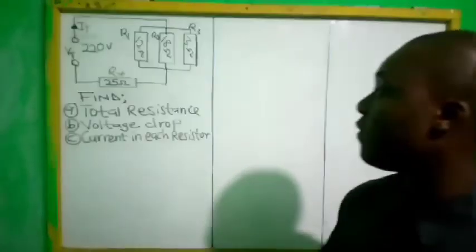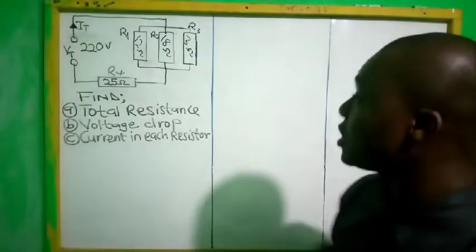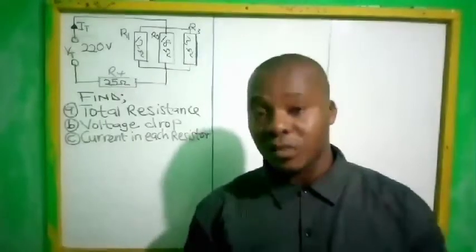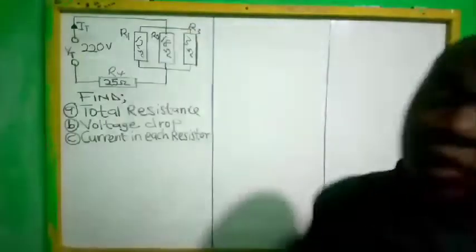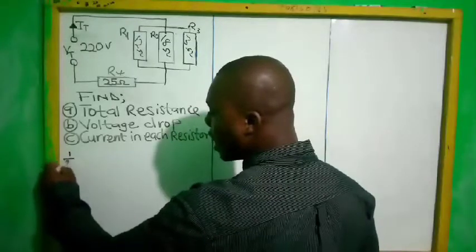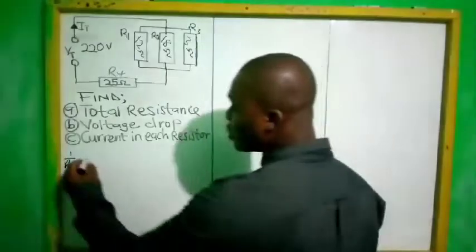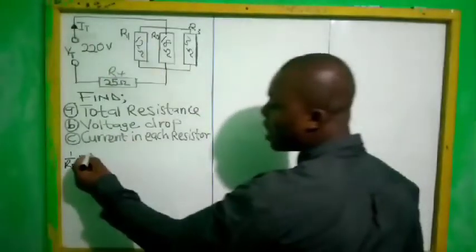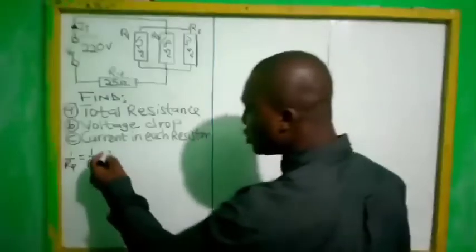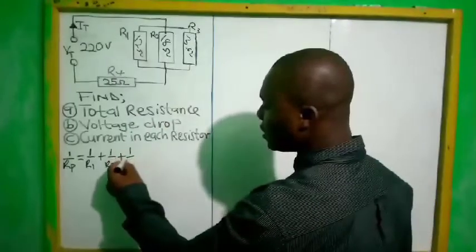So first of all, if a question is given to you in this manner, what you have to do is find the equivalent resistance of the resistors in parallel. So here we say 1 over RP, using P to represent parallel, is equal to 1 over R1 plus 1 over R2 plus 1 over R3.